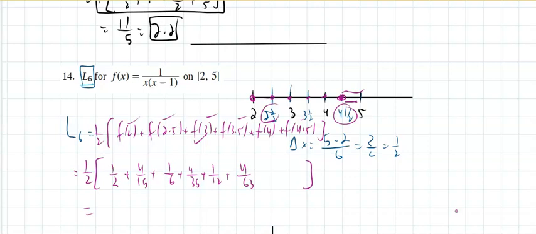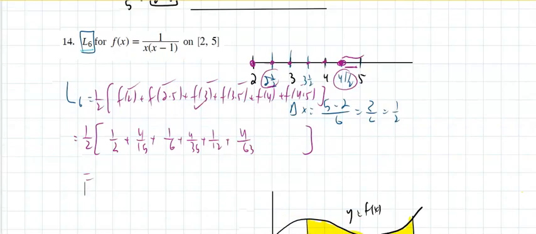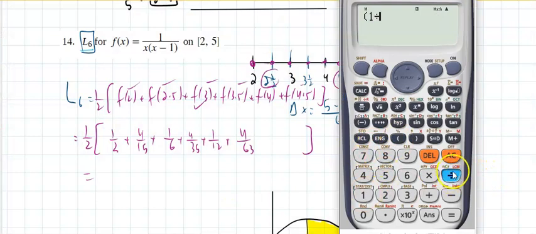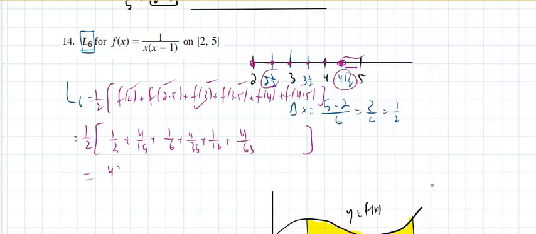Now, if I want to match the answer in the back of the book, 1, 2, 3, 4, 5, 6 of them, it's much easier for me to say, well, look, I did it again, I'm sorry. If I take 1/2 times 1/2 plus 4 divided by 15, make sure you're plugging things properly, plus 1 divided by 6, plus 4 divided by 35, plus 1 divided by 12, plus 4 divided by 63, assuming I made no mistakes, the answer is 43 over 72.